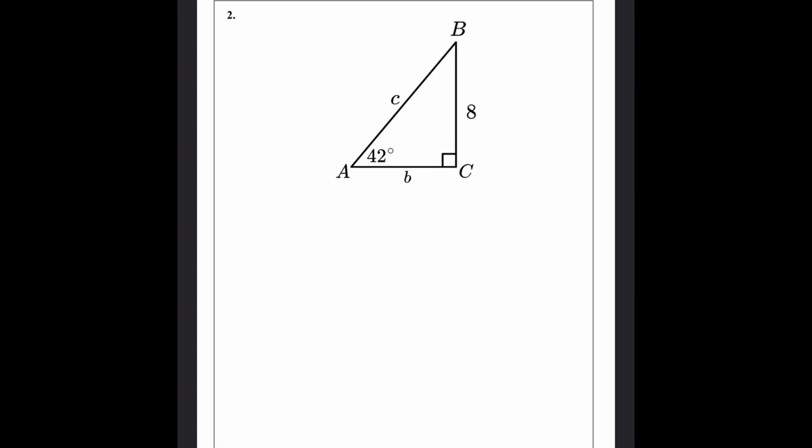For question 2, let's find each of the variables. So we know that angle A equals 42 degrees and side A equals 8. So let's use tangent to find side B first.